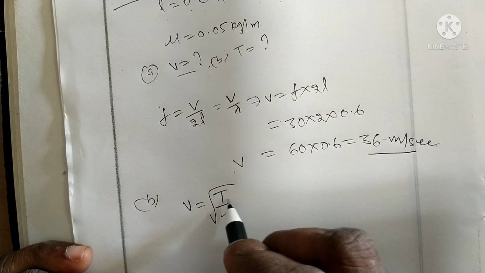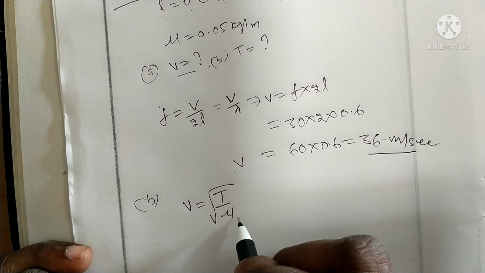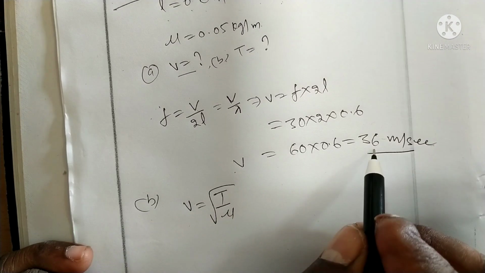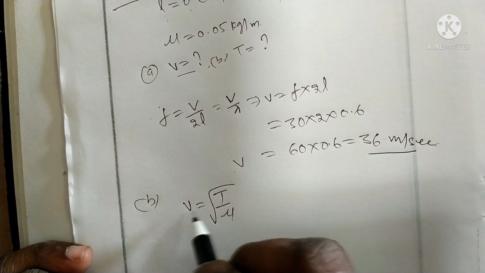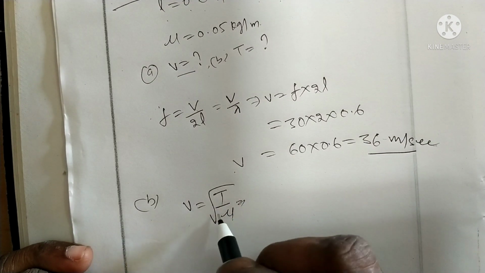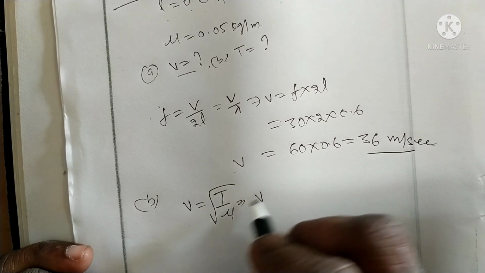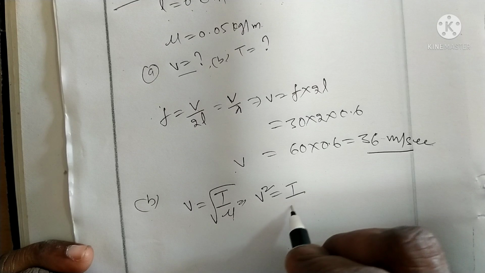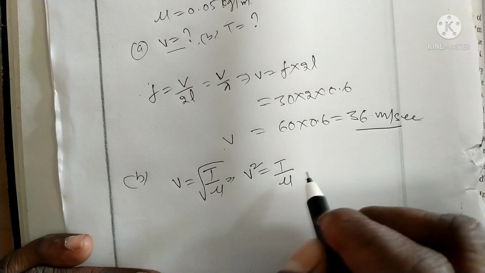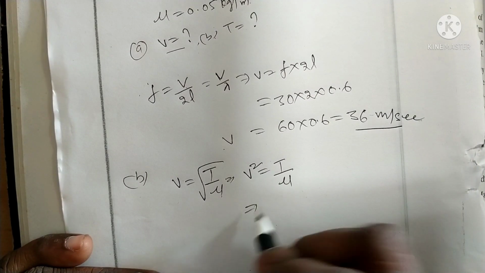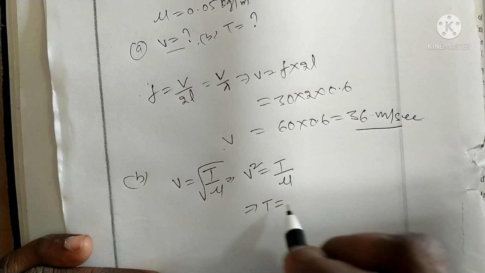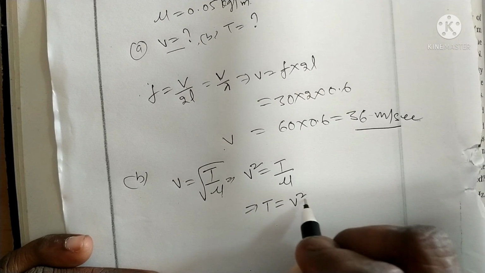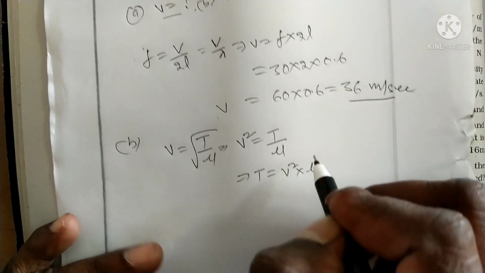T is the tension of the string, mu is the linear density of the string. Squaring on both sides, removing the root, V square is equal to T by mu. You can write this equation: T is equal to V square into mu.